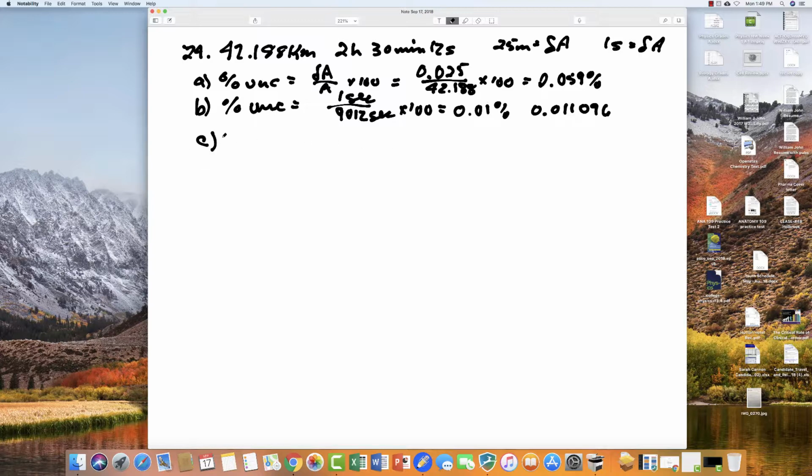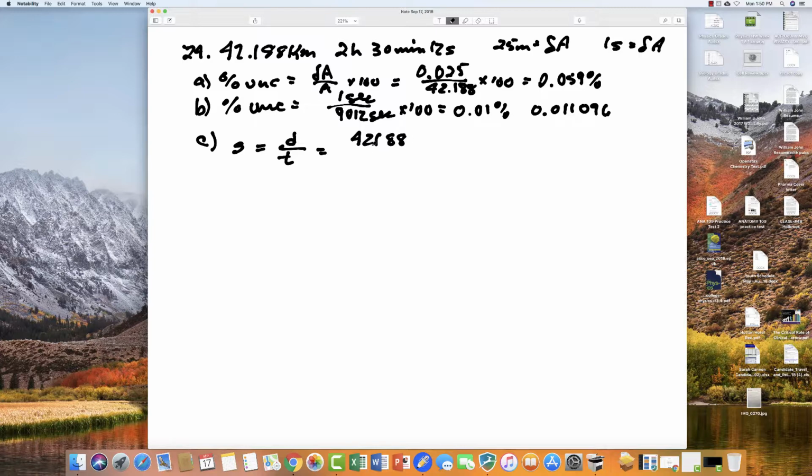C states, what is the average speed in meters per second? So speed is equal to the distance divided by the time, which is equal to 42. And I'm going to change this from kilometers to meters by multiplying that by 1,000, which just moves the decimal point 3 places.